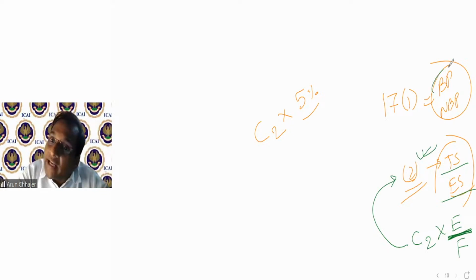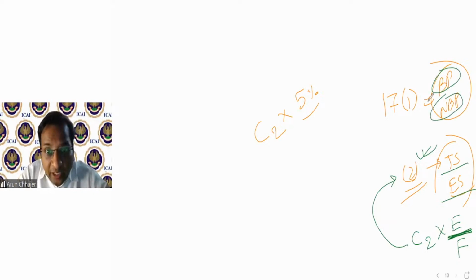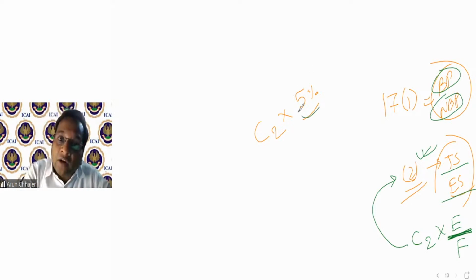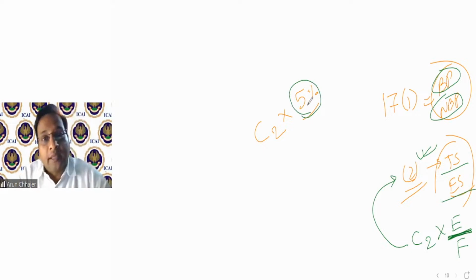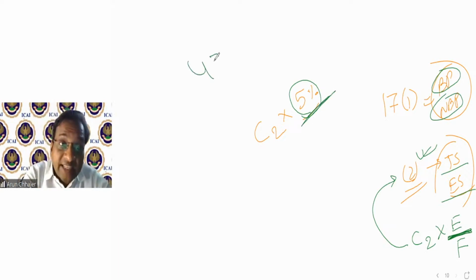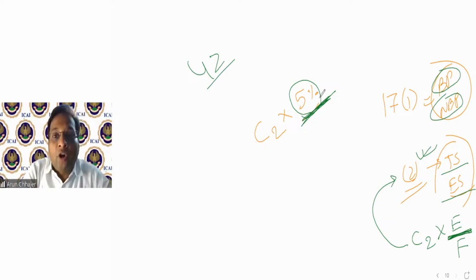Now, how to calculate the business purpose and non-business purpose? Is there any value? No. Is there any sale of the non-business or business? No. So therefore, Rule 42 has given 5%. 5% denotes non-business use.